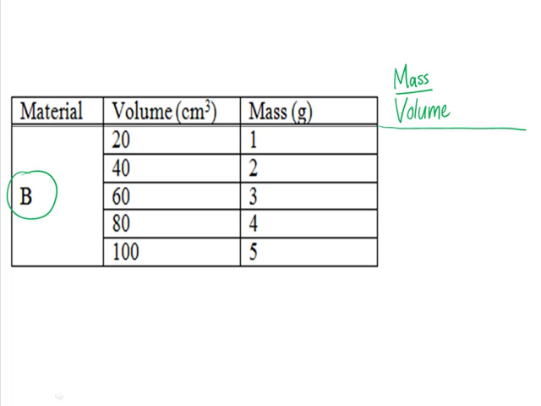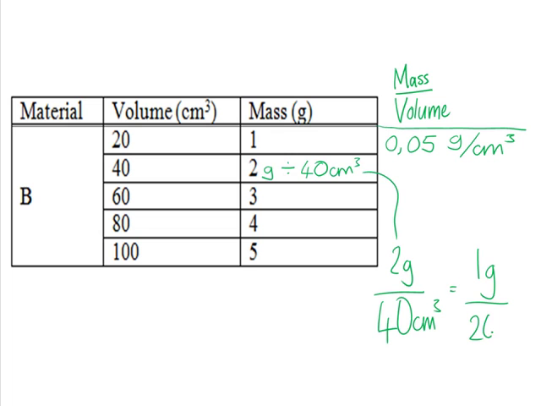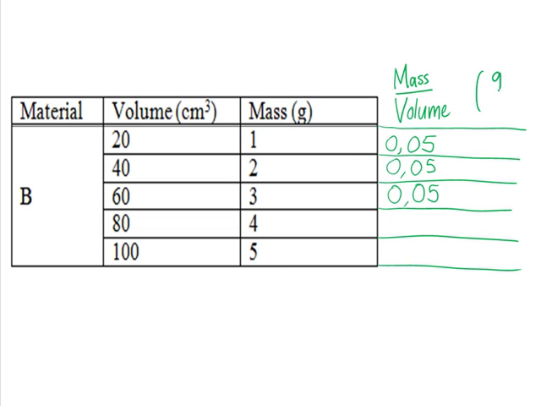B's mass to volume ratio is always 1/20th gram per centimeter cubed, which is the same thing as 0,05 grams per centimeter cubed. 1 gram per 20 centimeter cubed equals 0,05 grams per centimeter cubed. 2 gram per 40 centimeter cubed is 1/20th gram per centimeter cubed, 0,05 gram per centimeter cubed. And so you can calculate the same ratio for all of them. It's always a constant, always 0,05 grams per centimeter cubed for material B.